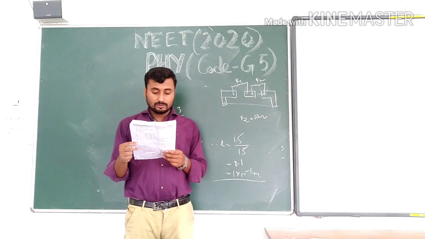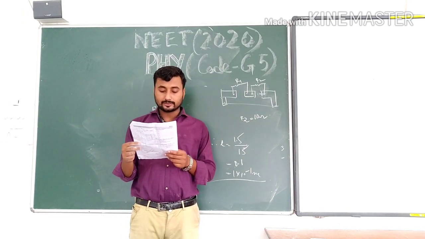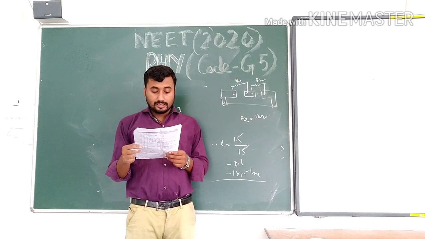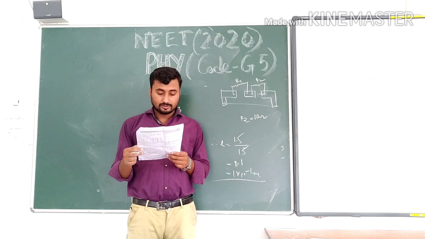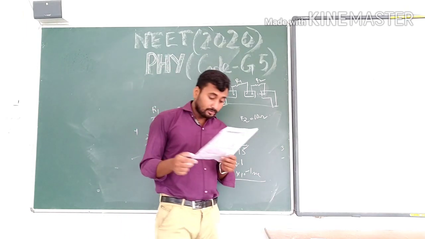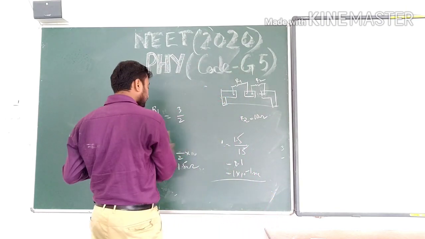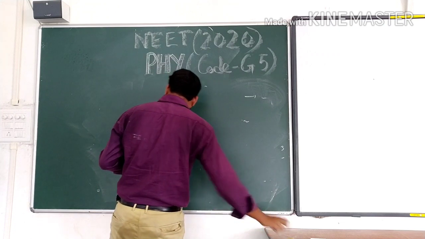A charged particle having drift velocity of 7.5 into 10 to the minus 4 meter per second in an electric field of 3 into 10 to the minus 10 volt per meter has a mobility, in meter square per volt per second, of. So what is the expression for mobility?